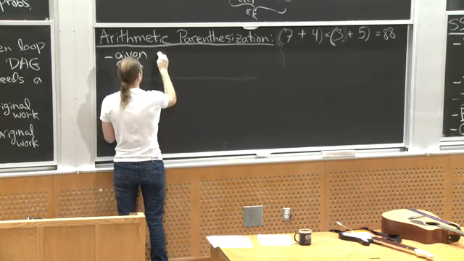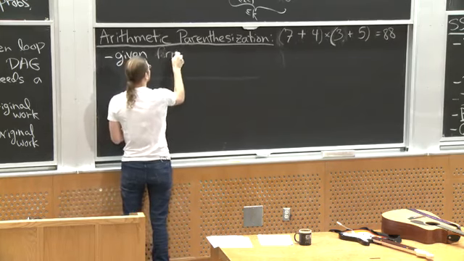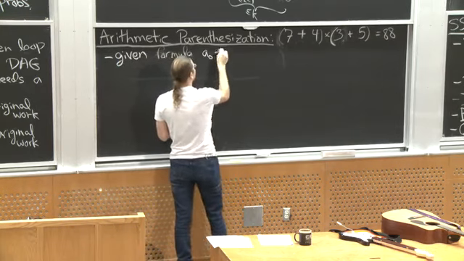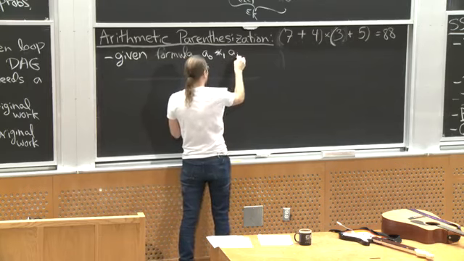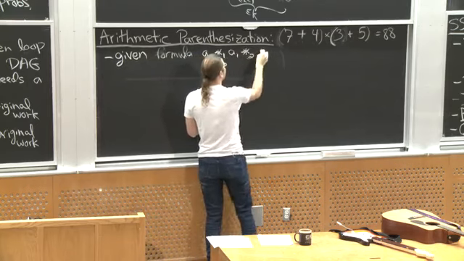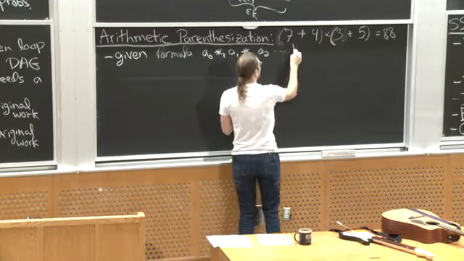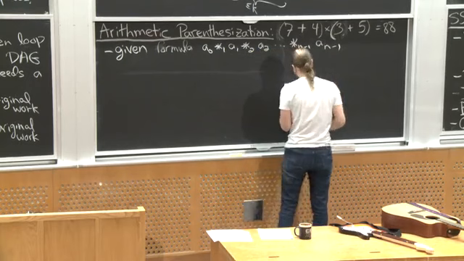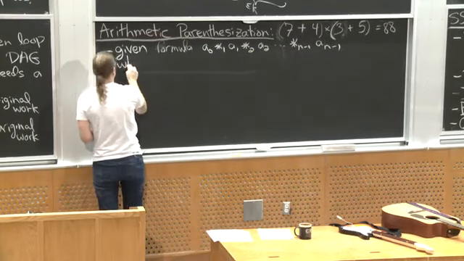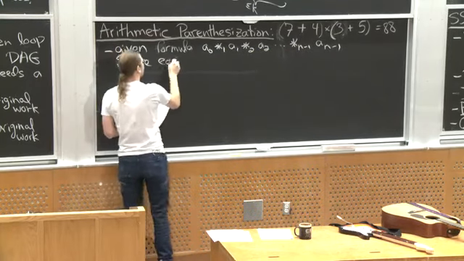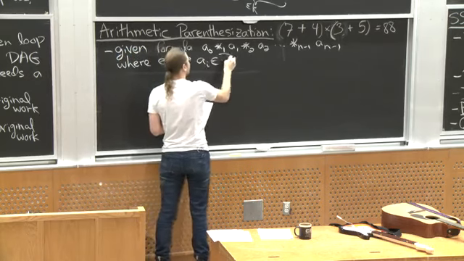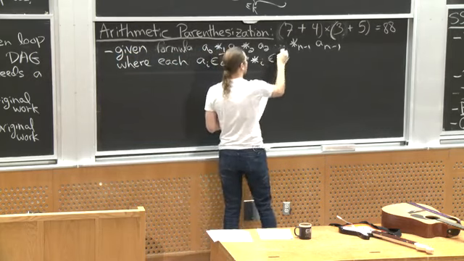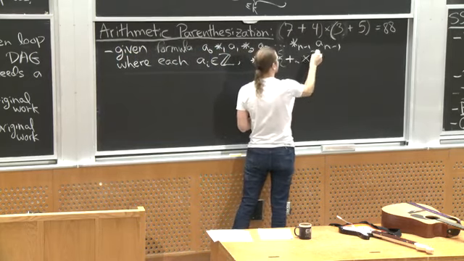So given a formula A0 star 1, A1, star 2, A2, and so on, up to star n minus 1, A n minus 1, where each Ai is an integer, as we like in this class, and each star i is either plus or times.